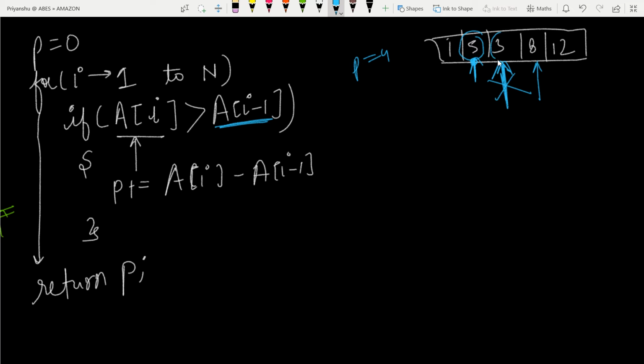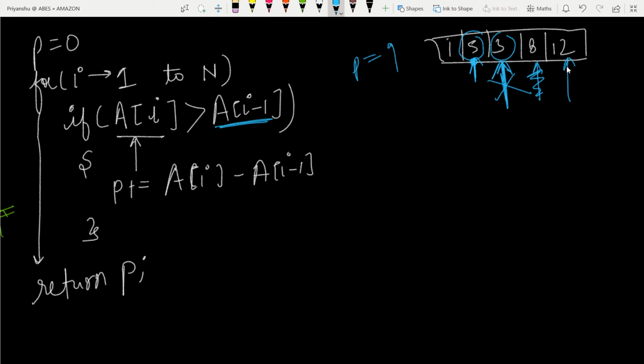We compare it with the adjacent element. Yes, it is a peak element because its value is greater than the previous day's stock price. So we'll surely get a profit. We get 8 minus 3, that is 5 as a profit. We add it to our net profit. So our net profit is currently 9.